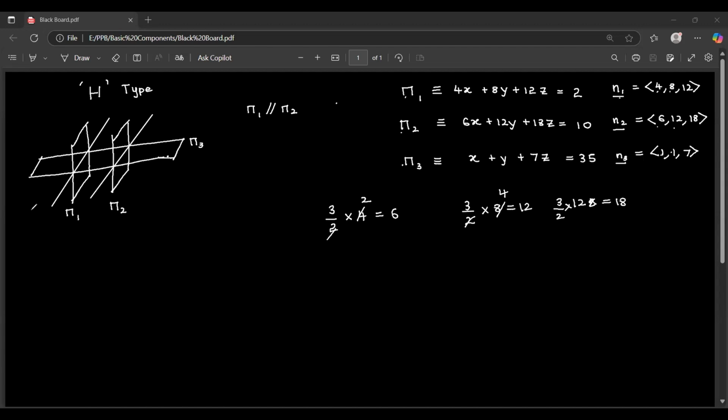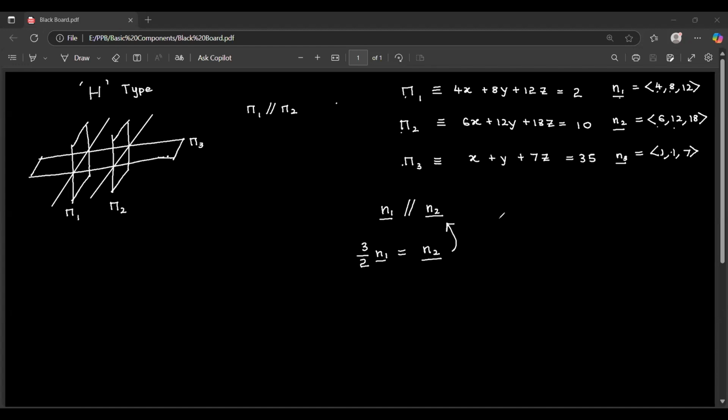So we can see N1 and N2 are parallel to each other. Why? Because 3 over 2 N1 is equal to N2, so N1 is parallel to N2.